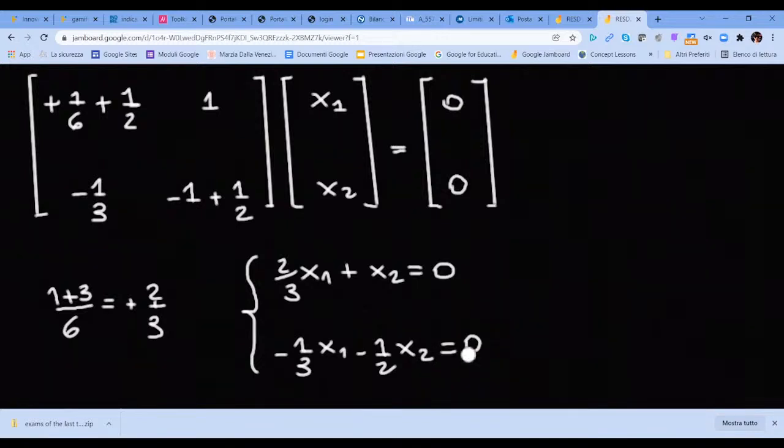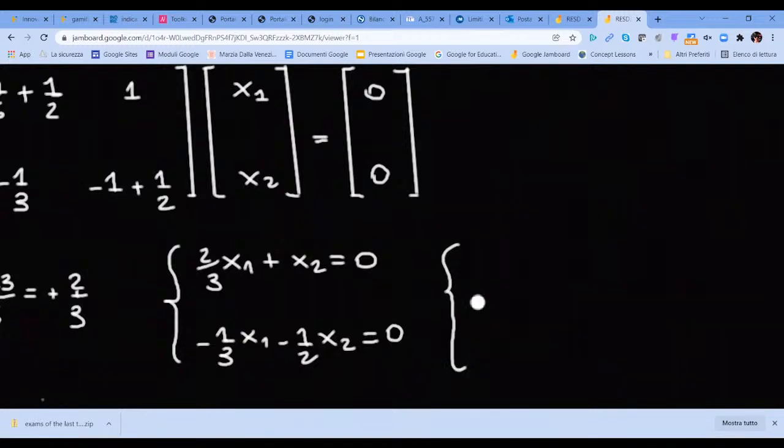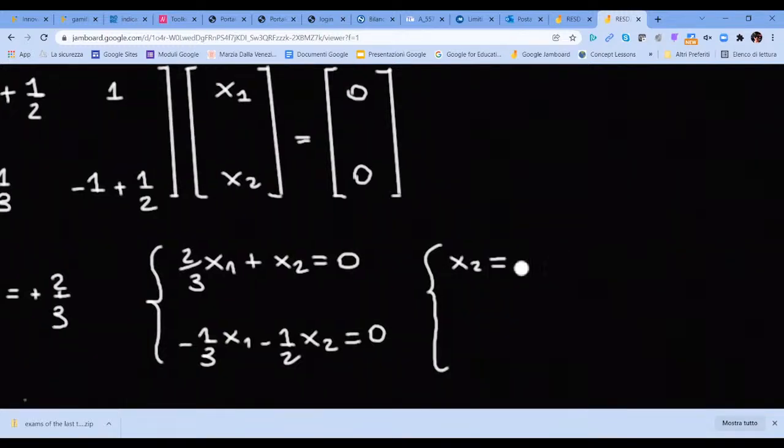Okay, so we can compute, for instance, from the first equation, x2 by putting everything else on the right hand side, minus 2/3 x1.